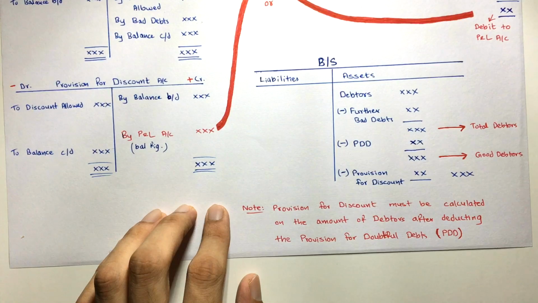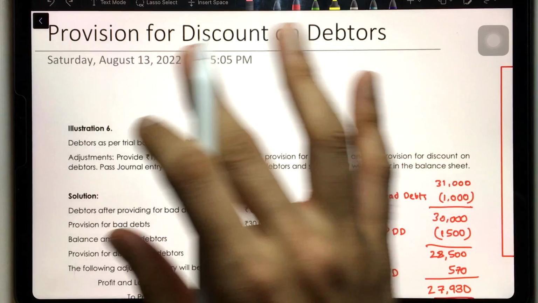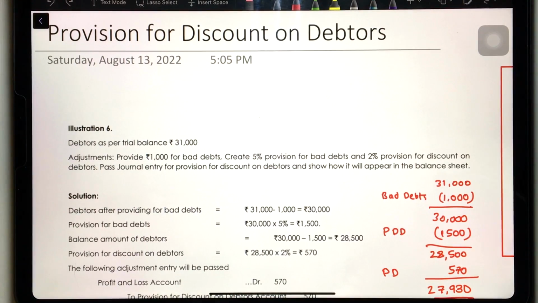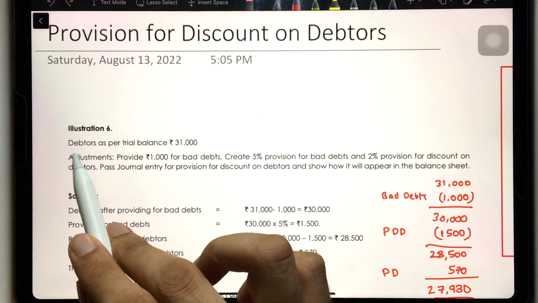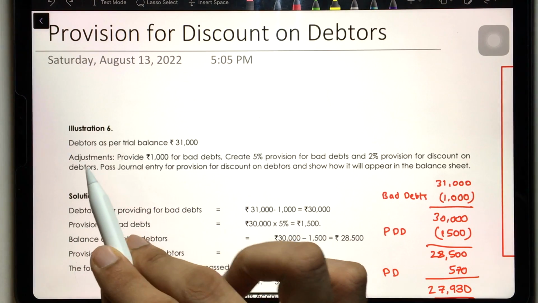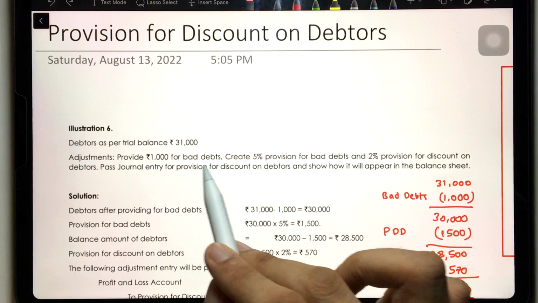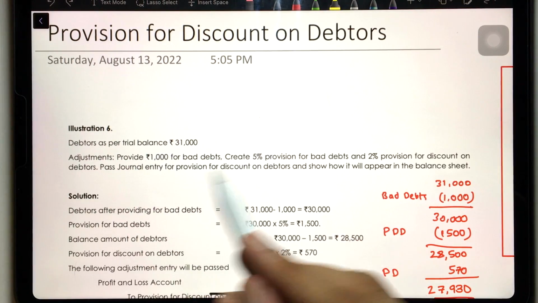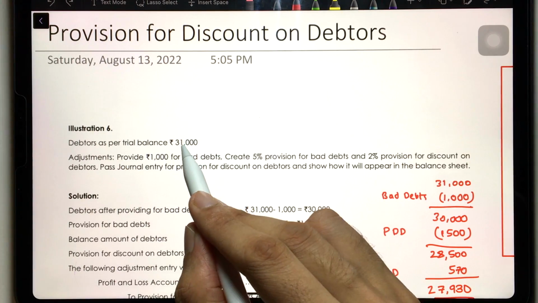So now let's see some examples directly from the tab, and then we will finish off the video. Now see here, we have this question from the CMA study material, illustration 6. Let's read the question. Debtors as per trial balance 31,000. Then they have given us an adjustment: provide 1,000 for bad debts. These are further bad debts because they are given in adjustment, so accounting of this is not done. You have to deduct this from the debtors balance.